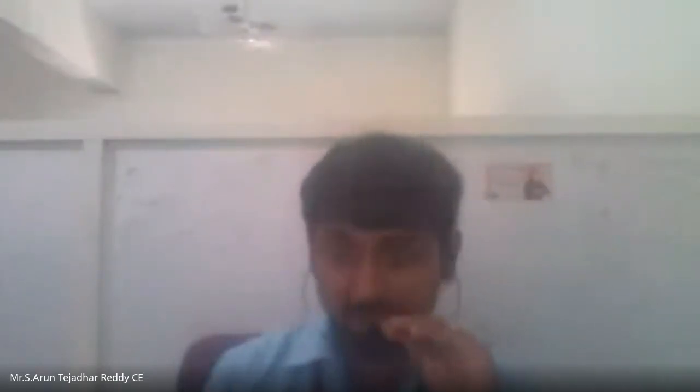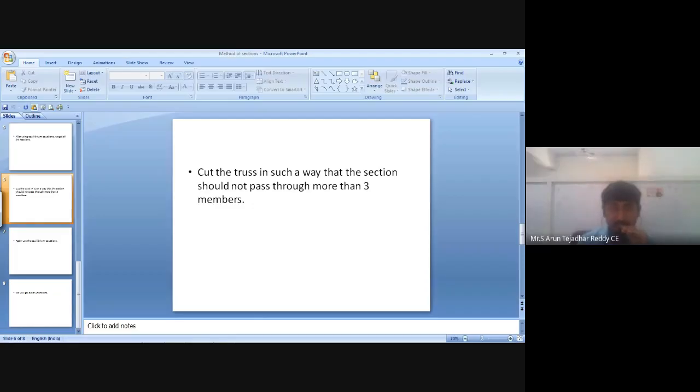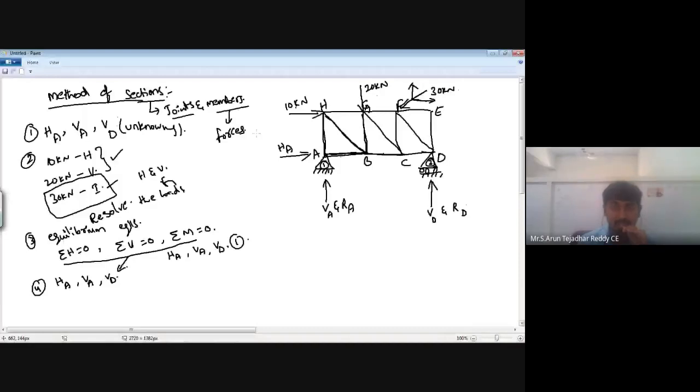Once observe this diagram. So in this diagram, you can cut the section, but that section should not pass through more than 3 members. Suppose I take the members HG, HB, BA. First you need to understand how to cut that section.